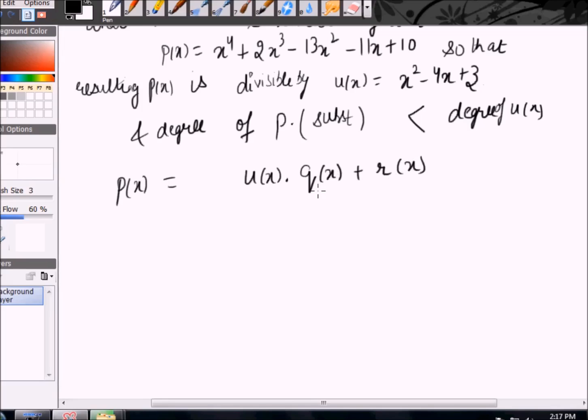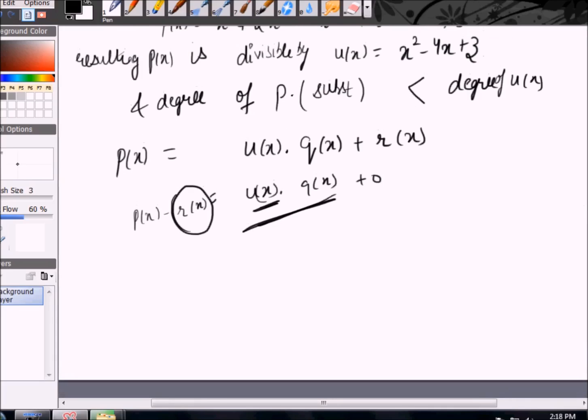Now, if we subtract this remainder from the whole of the p(x), then p(x) minus r(x) will become u(x) into q(x) plus 0. That is completely divisible by u(x), since the remainder will become 0. So we have to find r(x) such that the resultant p(x) will be divisible by u(x). Let us solve this problem.